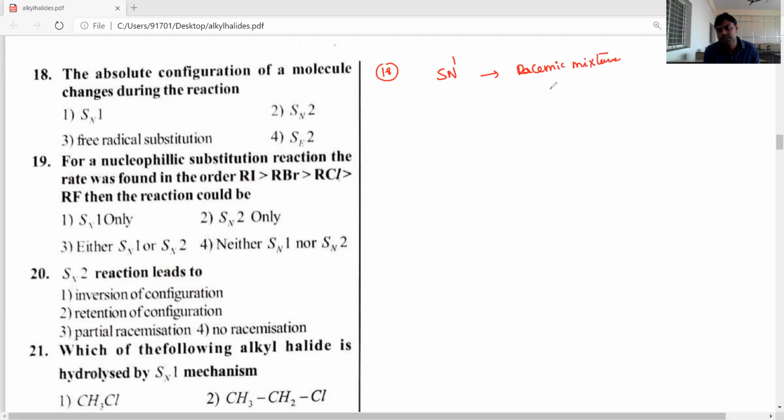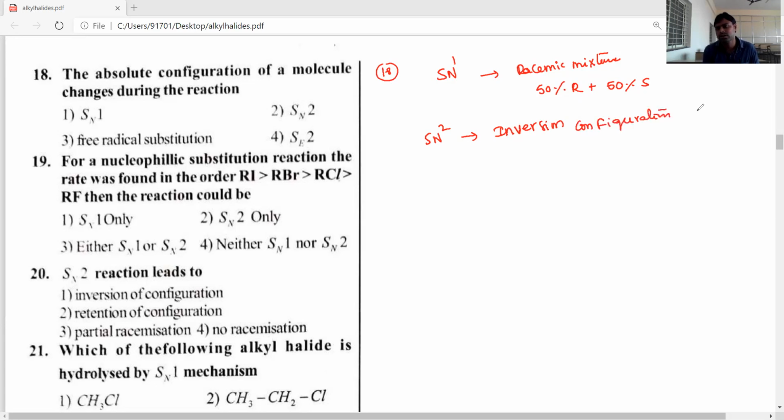Racemic mixture means 50% R plus 50% S product. In SN2, inversion product will form, inversion configuration product.